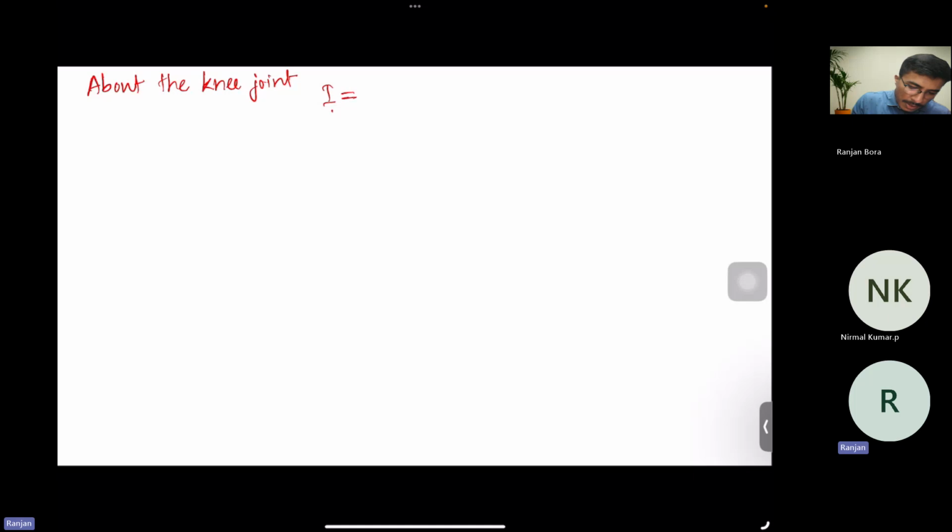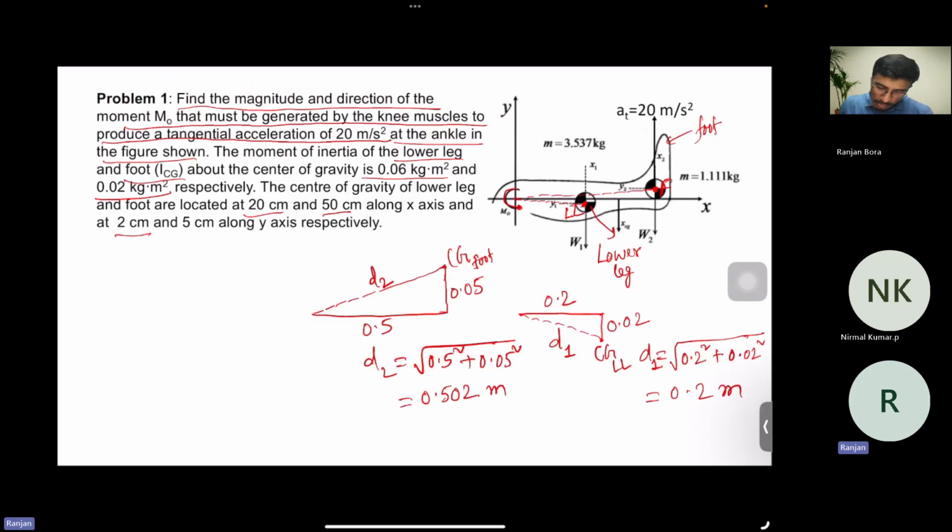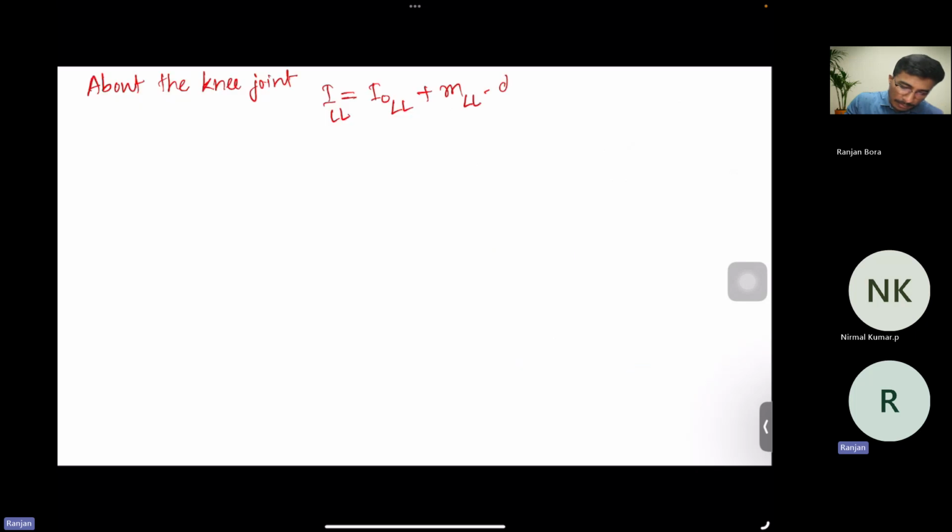I is equal to, this is for the lower leg, the moment of inertia about its center of gravity plus the mass of the lower leg multiplied by the distance for the lower leg, which was d1, multiplied by d1 square.